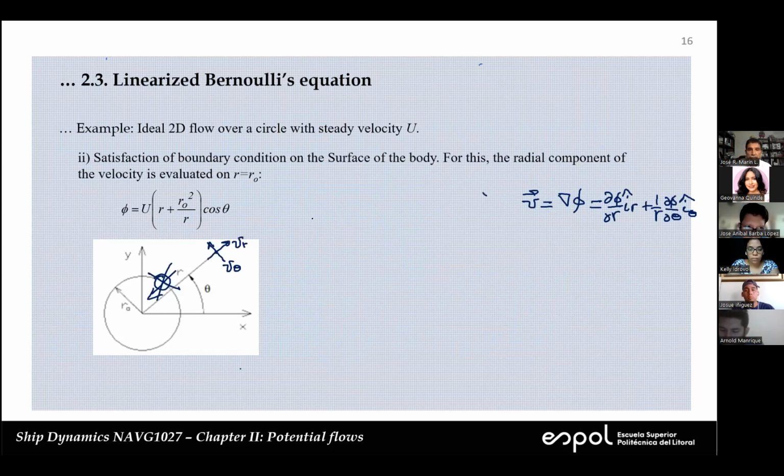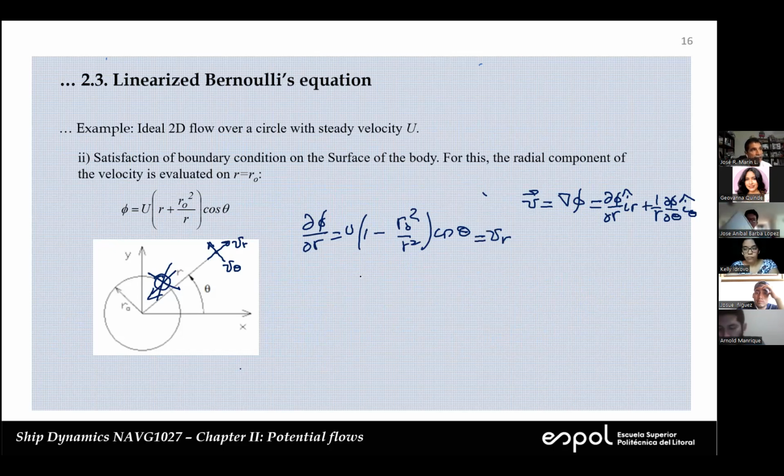So d phi/dr is equal to U times 1 minus r0 squared over r squared, times cosine theta. Evaluate it now at r equal r sub 0. You see, r equal r sub 0 is the surface of the body.